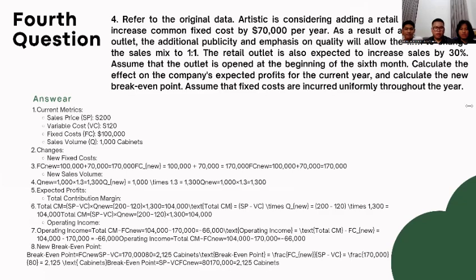And now the operating income is total contribution margin minus new fixed cost, equals 104,000 minus 170,000, equals minus 66,000. So the new break-even point is 170,000 divided by 80, so it's 2,125 cabinets.